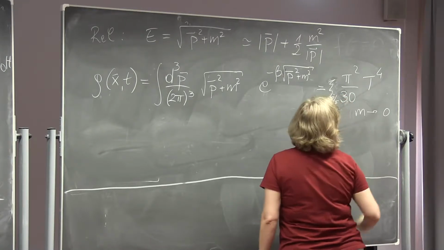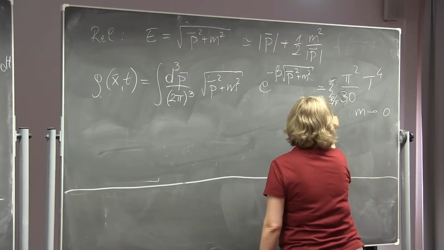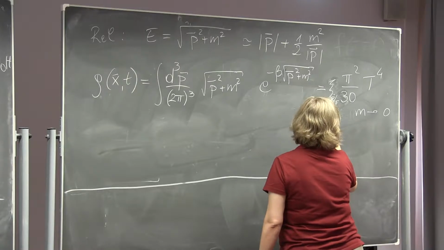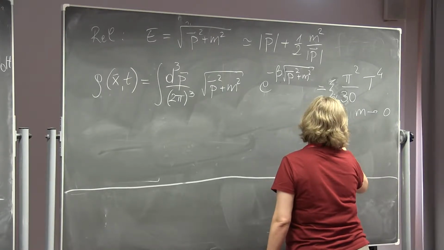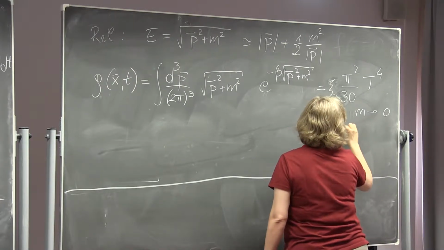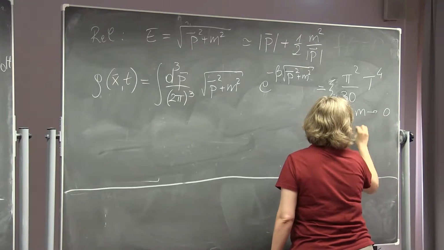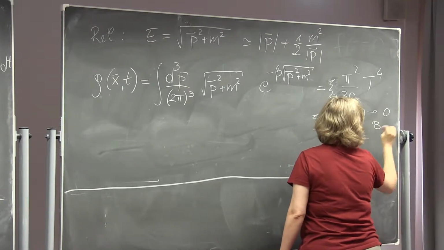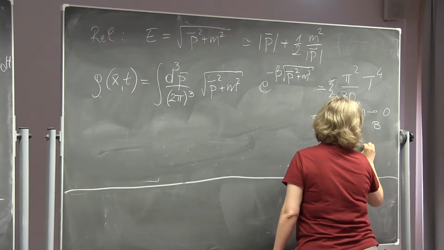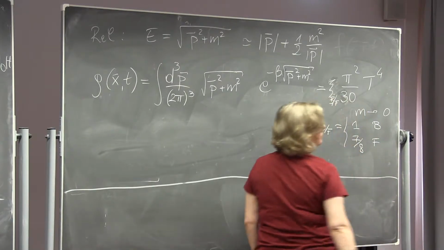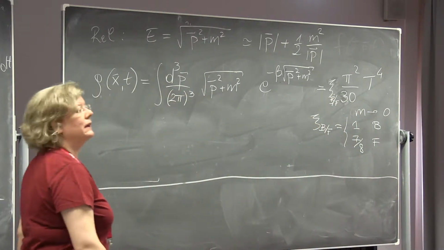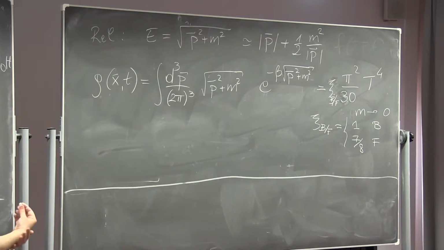If you do things more properly with the Bose-Einstein or the Fermi distribution, you find out that this factor is either 1 for bosons or 7/8 for fermions. So it's not a big change, just a slight change in the number.